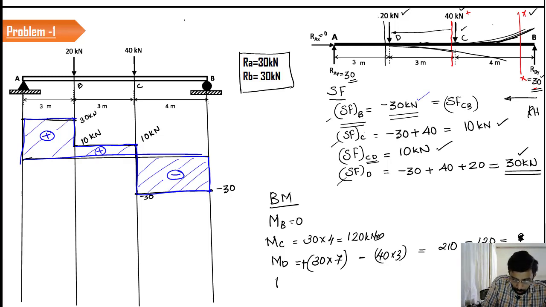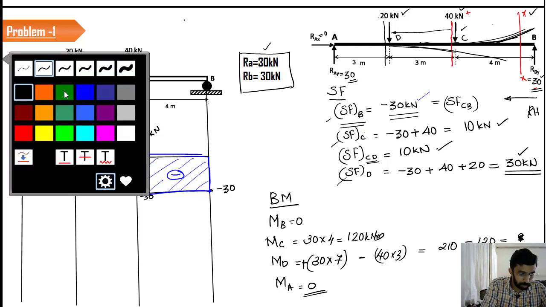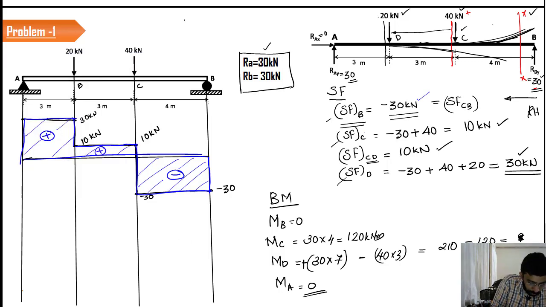And finally, the moment at the point A is equal to 0, because that's what we have done when we calculated the reaction. So right now we have the values of moment, and let us draw the bending moment diagram. For that, I will use a horizontal line here. All the values are positive. So the moment at B is 0. The moment at A is also 0.